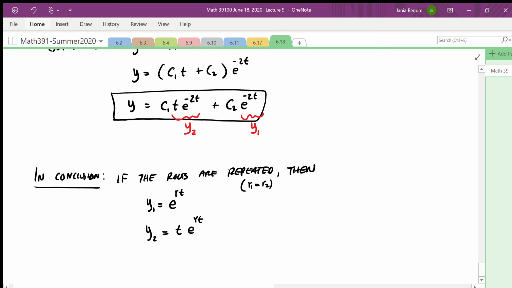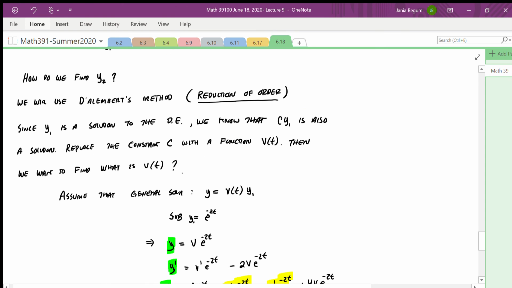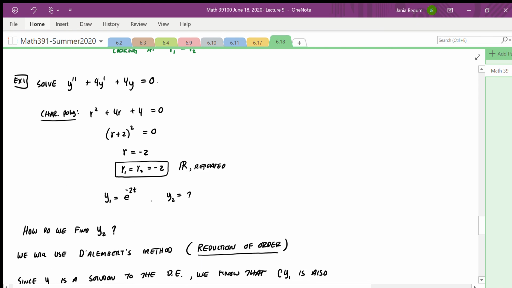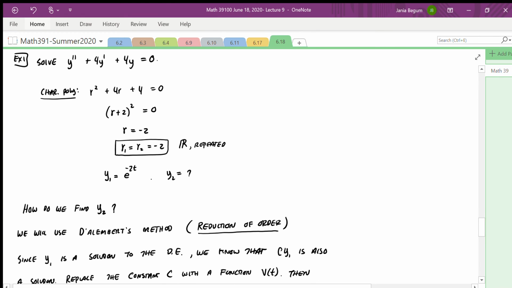So any questions on reduction of order? This is the method you have to remember, because sometimes you'll be given equations that are not just repeated roots, we're missing one of the solutions. And you're given one solution, you have to compute the second solution. So you would go through this method, which we can call d'Alembert's method, or reduction of order, to compute the second missing solution.